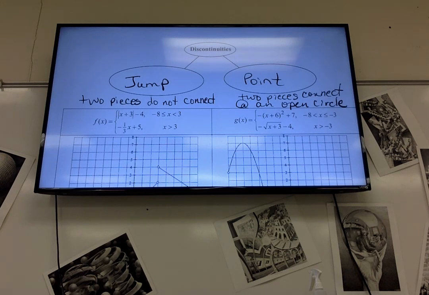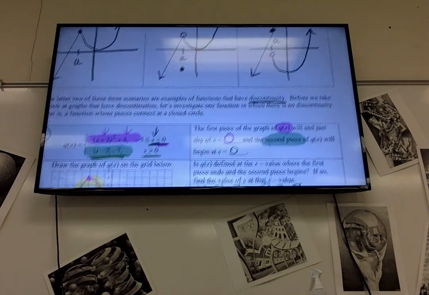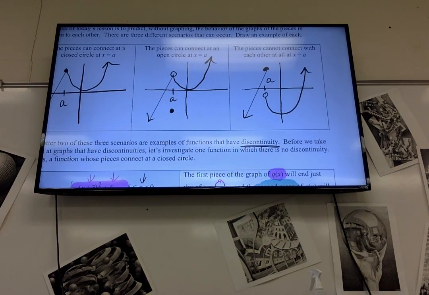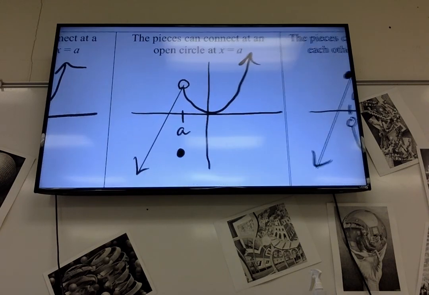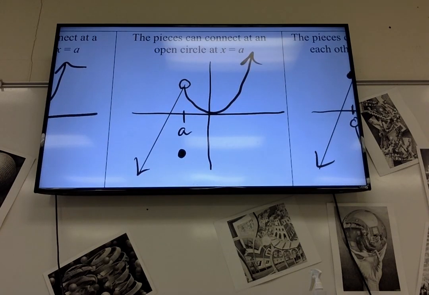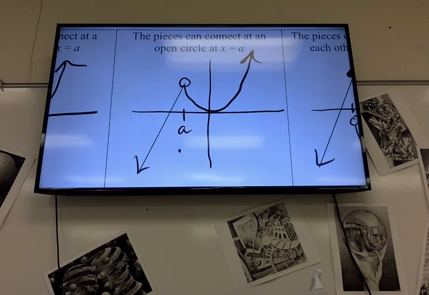It doesn't matter. That's a good question. It doesn't matter if there is actually a closed circle in there or not, but they have to connect at an open circle like here. So this could be this with or without that point. Good question.